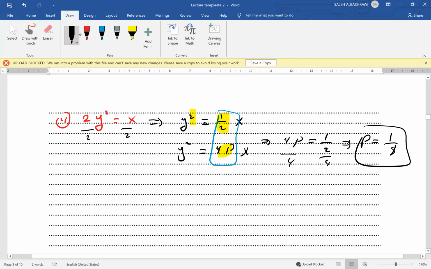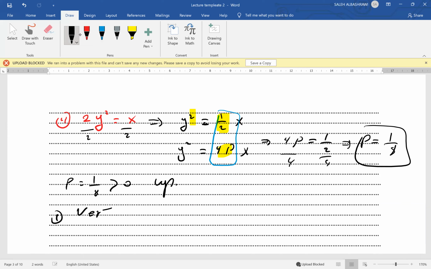Now p is positive, equal to 1/8. The parabola will be upward. So number 1, we know that the vertex will be 0 and 0.